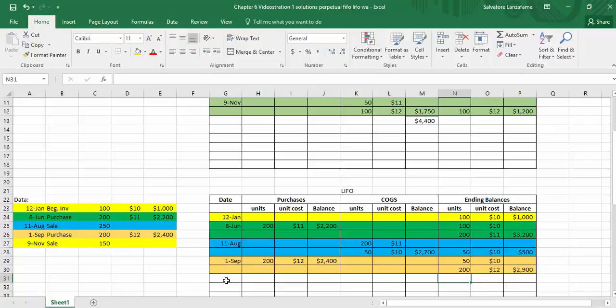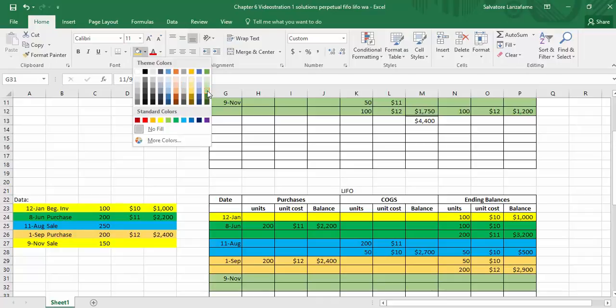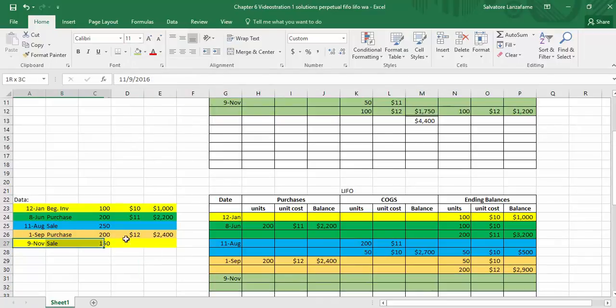So now we're going to sell. It's now November 9th. And on November 9th, let me color code this one. Okay, so on November 9th, we sold 150.